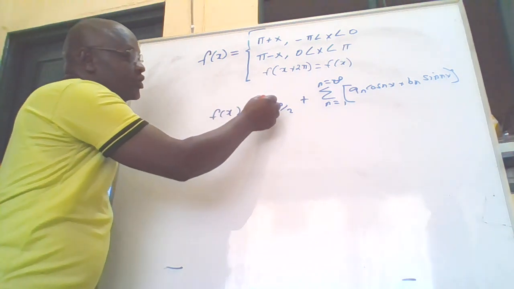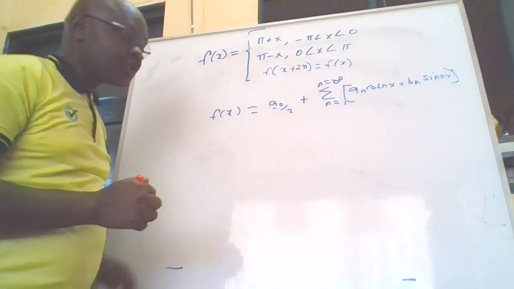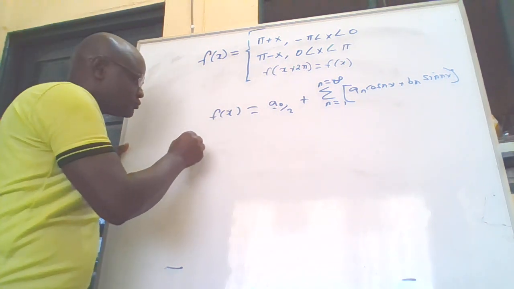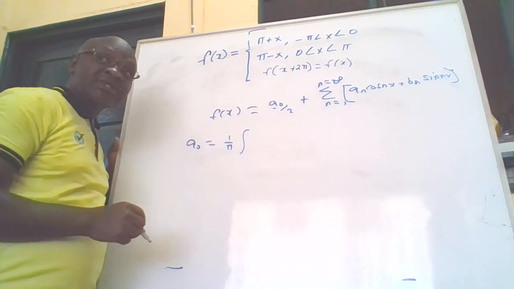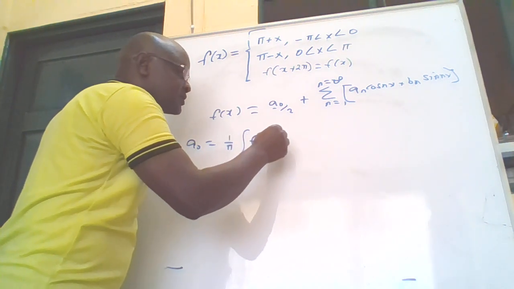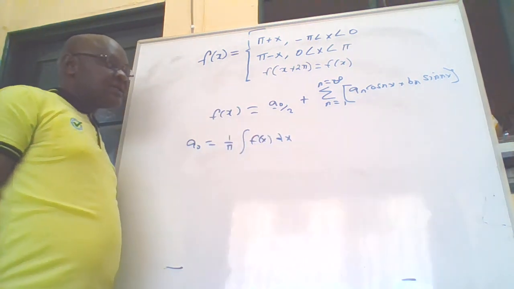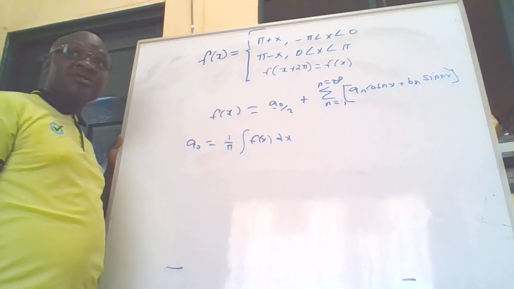Now, we shall start by trying to find the value of a naught. So a naught is given by that. That is the formula for getting our a naught.